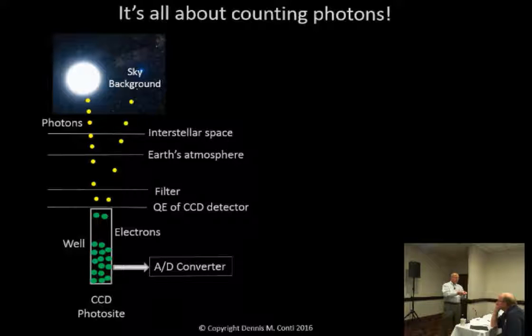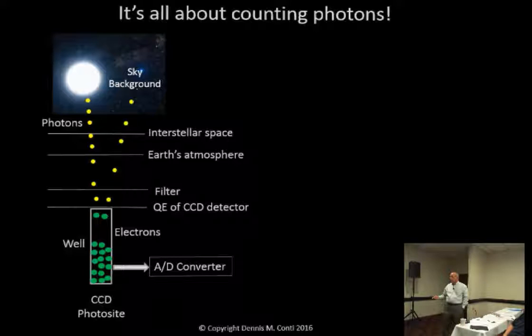So I'm using photosite to mean on the chip, and pixel to mean what's on the picture, which could be a combination of binned photosites, where binning means we collect a bunch of photosites into one unit on the picture.